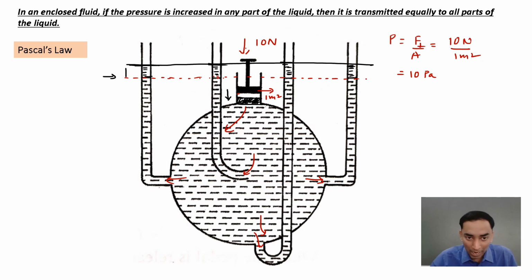Correct. So the height increase is same in all the pipes, whether they are coming out from the bottom or whether they are coming from the top or the middle part, irrespective of that, which indirectly proves that the final pressure is same everywhere. That is the result of the equal transmitted pressure. So that is what it means.